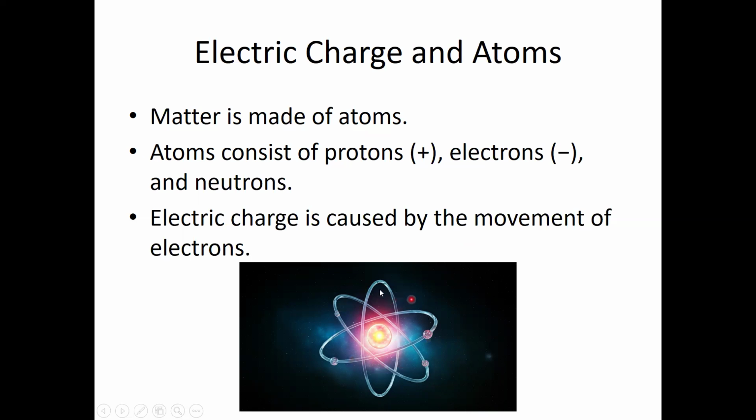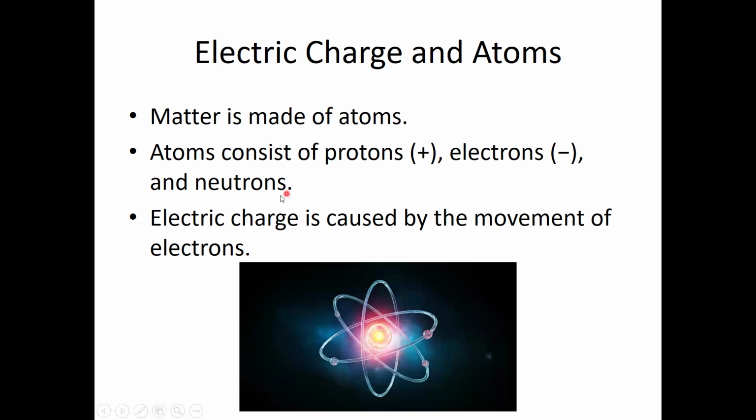So here is a structural representation of one single atom. At the core of this atom, it consists of protons and neutrons, and the atom in total consists of protons, electrons and neutrons.